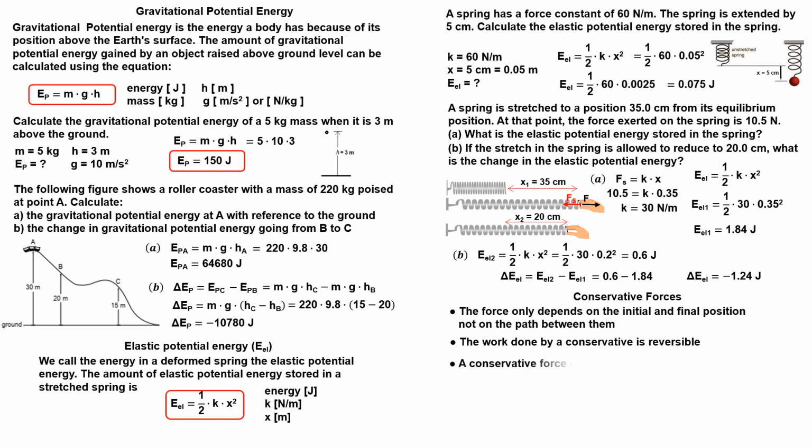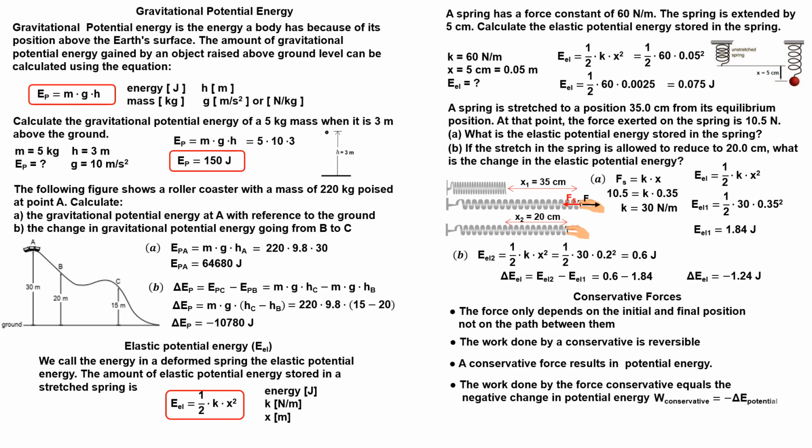A conservative force results in potential energy. The work done by the conservative force equals the negative change in potential energy. Gravity force is a conservative force. Spring force is another conservative force.